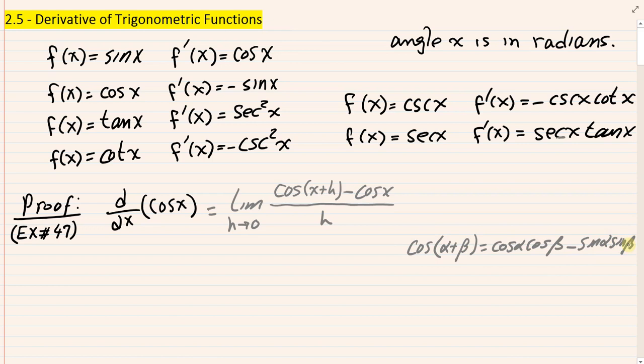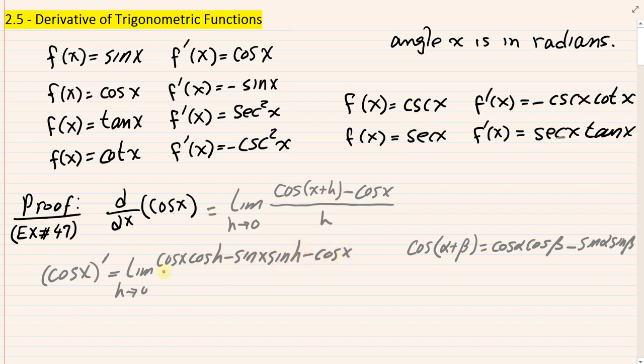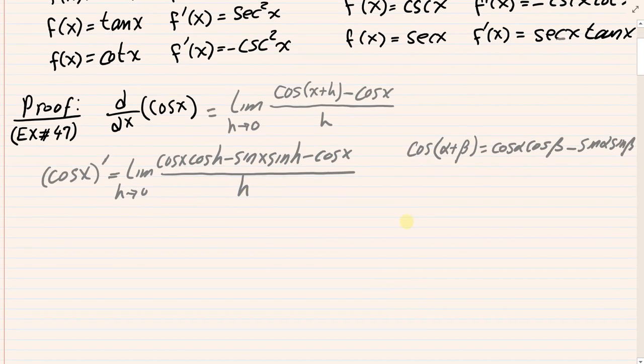So doing that with this limit, I'm just going to use the notation cosine x prime, meaning the derivative of cosine, which is going to be the limit as h approaches 0 of cos x cos h minus sine x sine h minus cosine x, all divided by h. Okay, so that's just applying the sum formula.